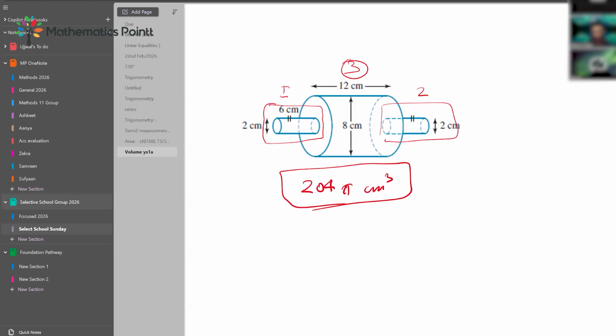Now, cylinder number 1 and cylinder number 2 are exactly the same. If you look at the dimensions, their diameters are 2 each, and their height is 6. You see why my height is 6: if I just take all of that off for a second, you've got 2 double lines here. So this is 6 as well.